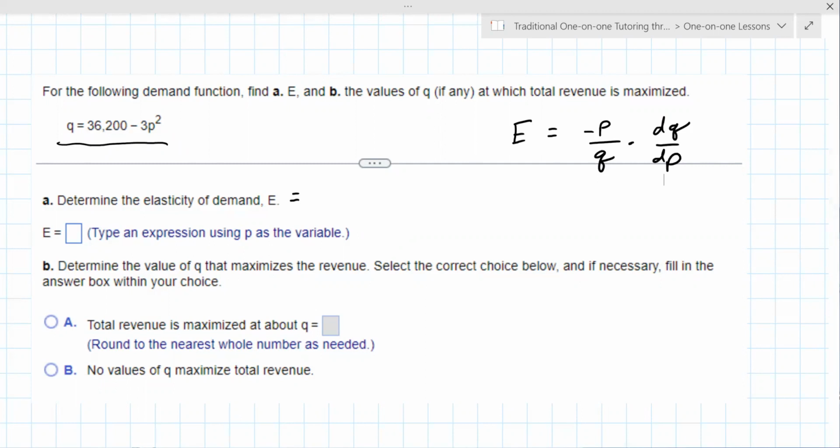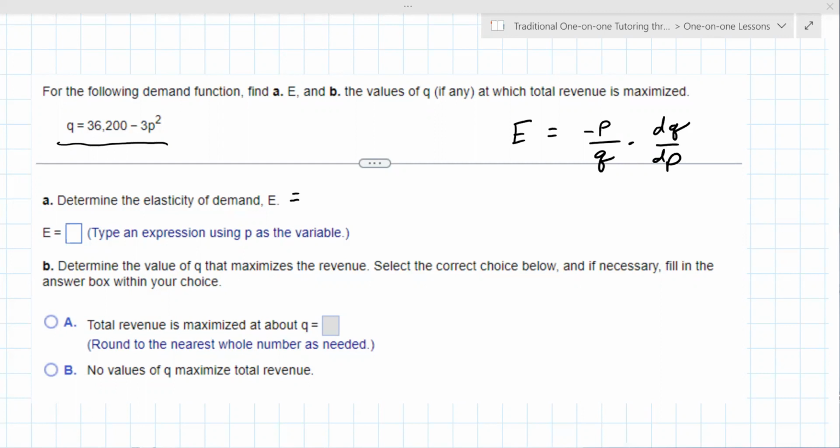Let me just confirm that that is the elasticity of demand formula. Okay, yeah, that looks good.